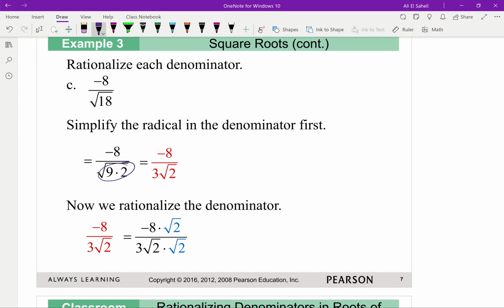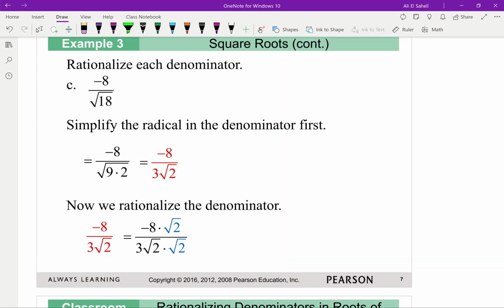18 is 2 times 9. Now the idea is 9 comes out. Radical 9 is 3. So it turns out it's not the radical 18 that we need to get rid of. It's the radical 2. Okay, that's the idea. So what we do is we multiply the resulting number by 1.